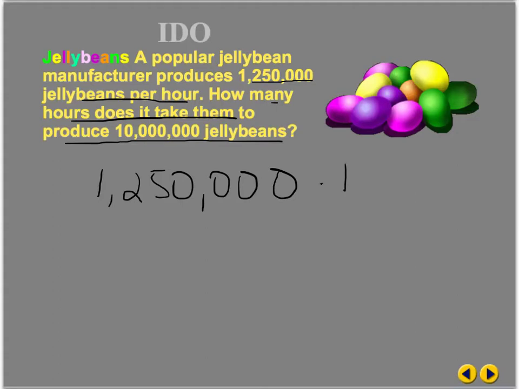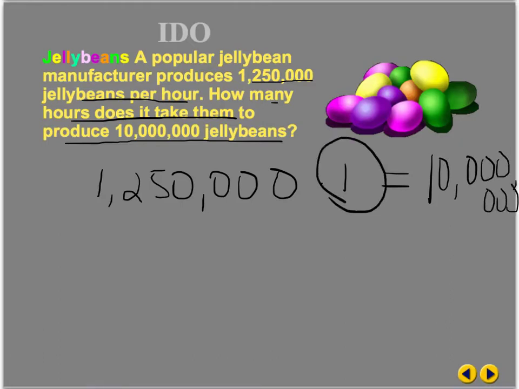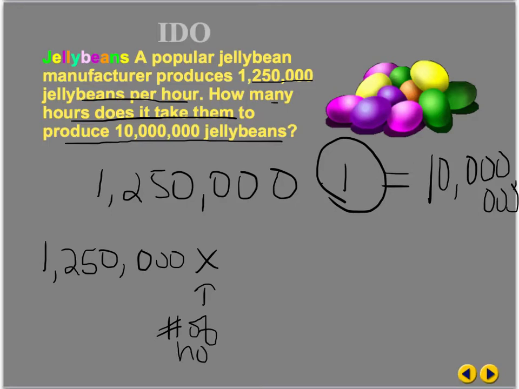We want to know in how many hours they can produce 10 million, so that's our outcome, is equal to 10 million. Instead of 1 hour, we don't know the hour, so we change that to our variable: times x, which stands for the number of hours, equal to 10 million. Okay, and here is your expression.